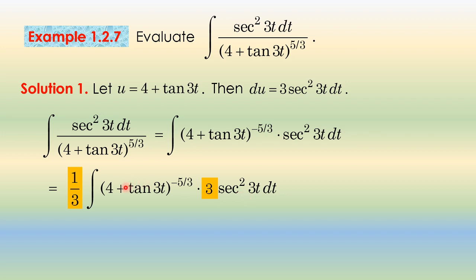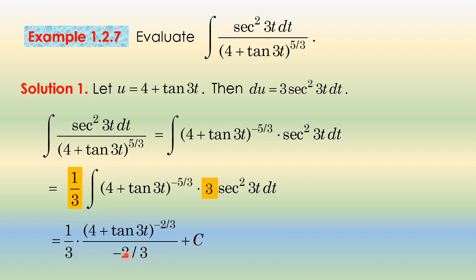If it is u to the n du, the integral of that is equal to u to the n plus 1, so plus 3 over 3, negative 2 over 3. So 4 plus tangent 3t quantity to the negative 2/3, over negative 2/3, times 1/3.